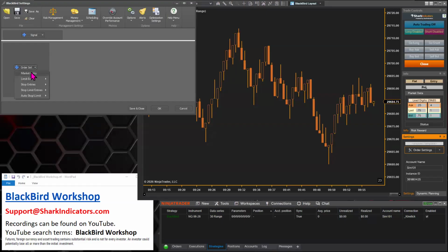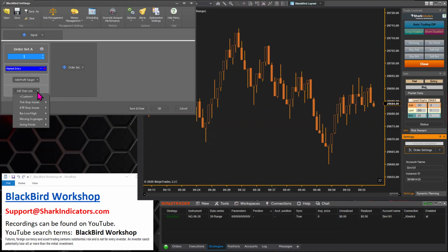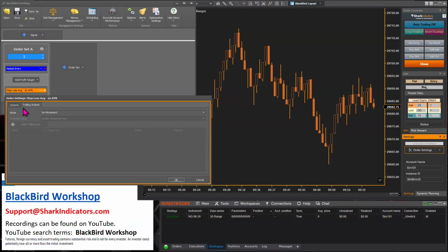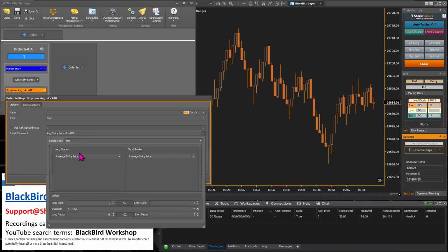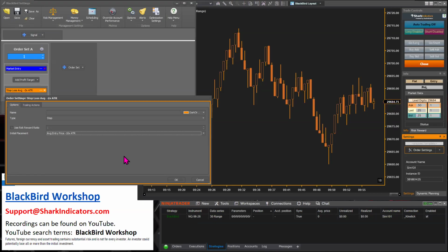I'm just going to go with the market order because the question here is really about setting up the stop loss trailing rules. And just to be practical, let's go with an ATR stop loss. I'm also going to increase that stop loss to something reasonable. Maybe 10 is a little far-fetched.